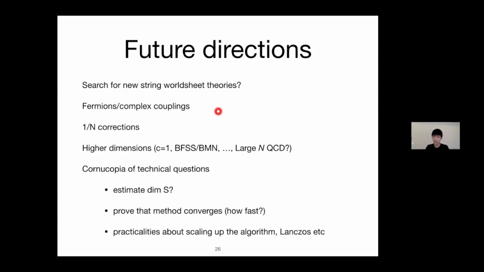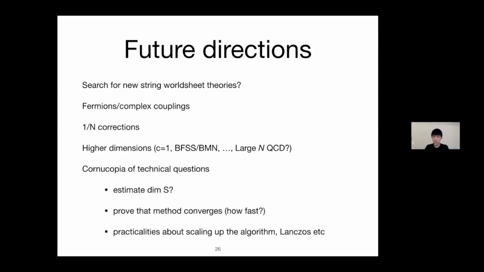The second thing that we would like to do is to extend this approach so that it works in the case where there are fermions, and more generally in the case where the measure is not positive. In that case, it's not 100% clear what the positivity requirements should be replaced by. But perhaps in some special cases, you could integrate out, for example, the fermions and get some positive determinant, but those are probably some special cases.